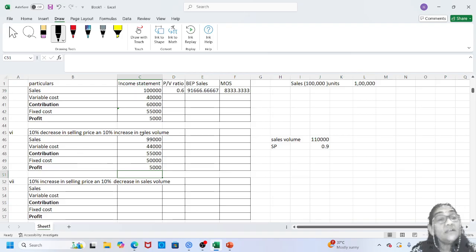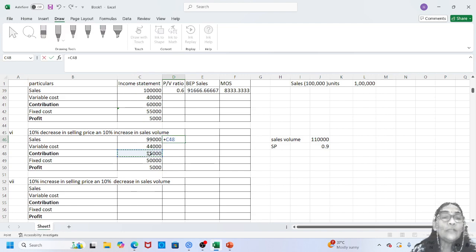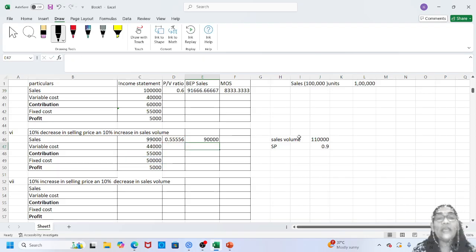Now remember here the selling price has changed, therefore it will impact the PV ratio. So the new PV ratio will be contribution divided by sales, that is 0.555. Because your PV ratio has changed, your break-even point of sales is also going to change and your margin of safety will also change, right?